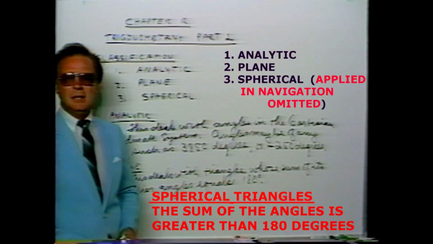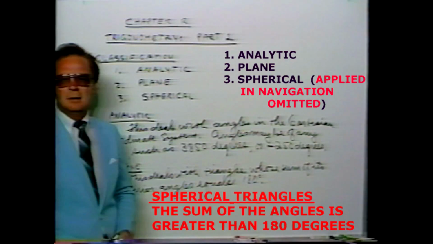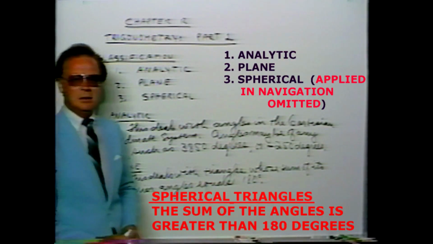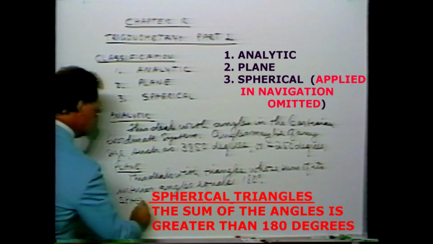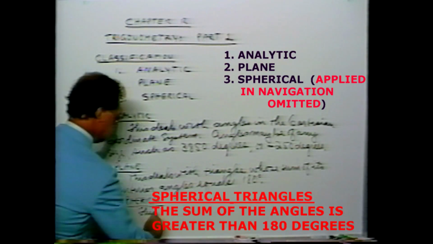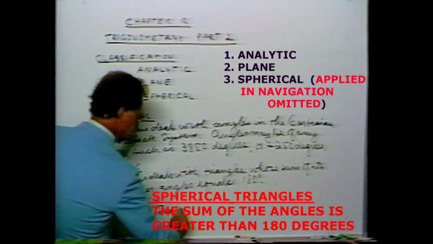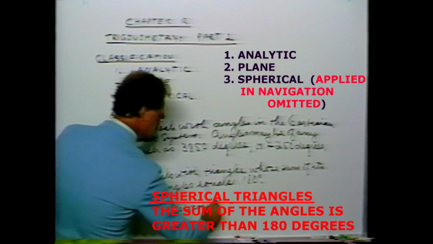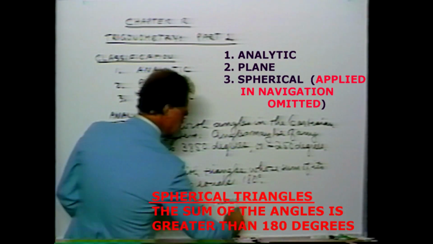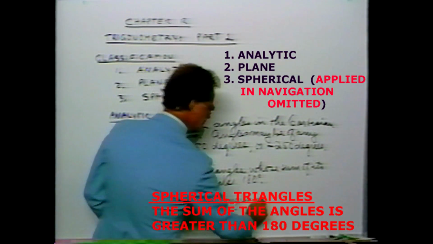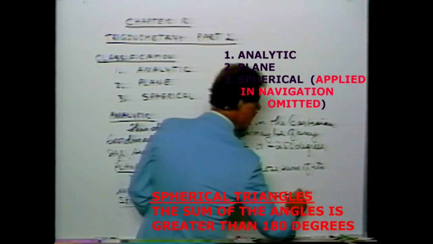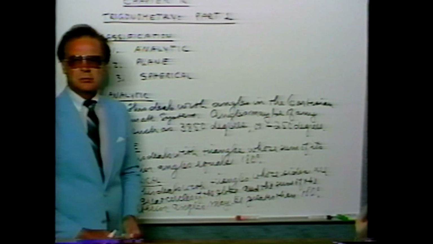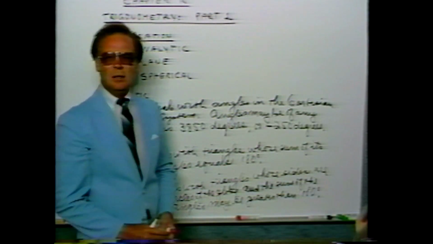This deals with triangles whose sides are the great circle, and the sum of the interior angles in such a triangle is larger than 180 degrees. Spherical trigonometry is involved in navigation.